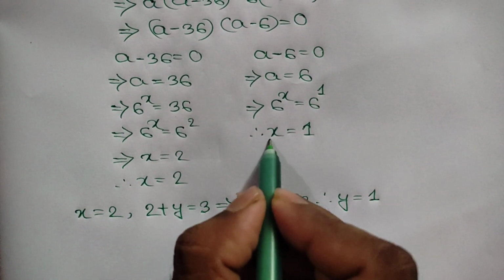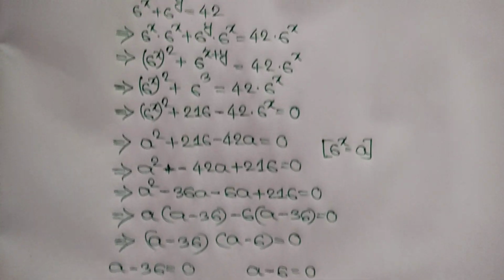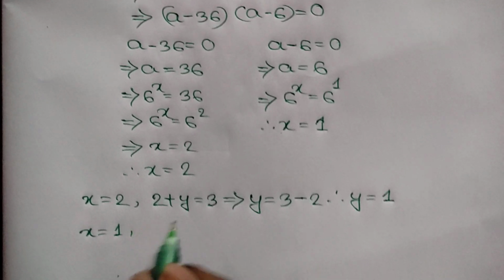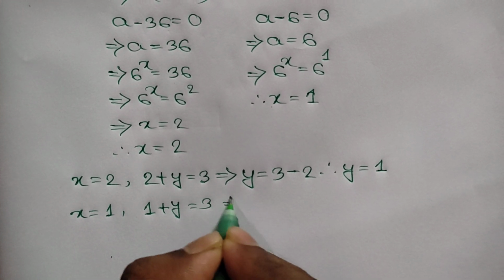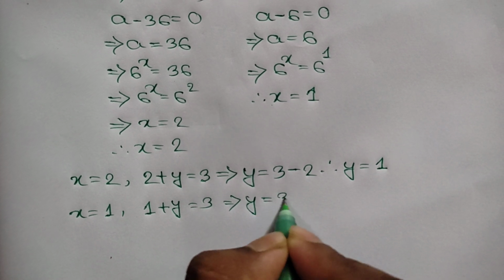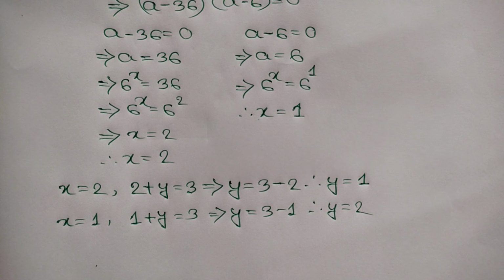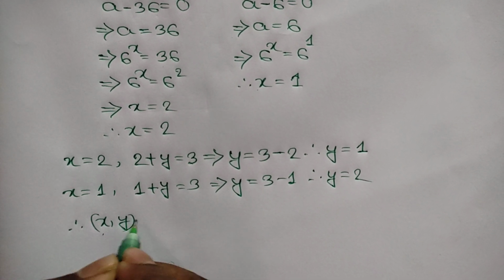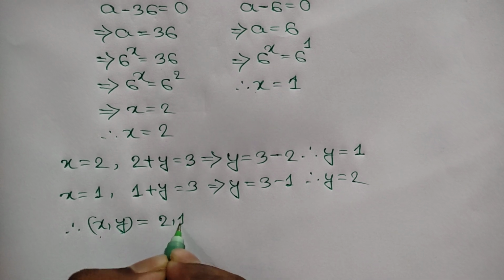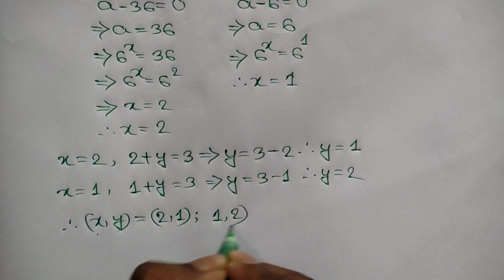And when x is equal to 1, now from equation number 2 we get 1 plus y is equal to 3, or y is equal to 3 minus 1, so the value of y is equal to 2. So the final values of x and y: when x is equal to 2 then y is equal to 1, and when x is equal to 1 then y is equal to 2.